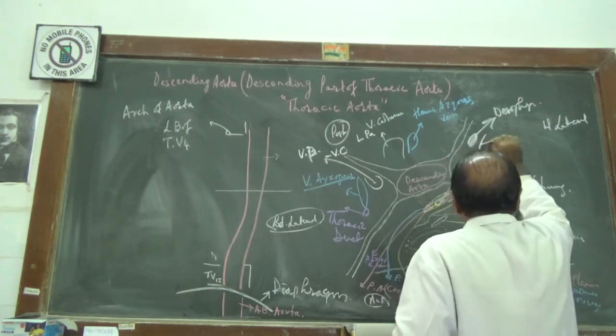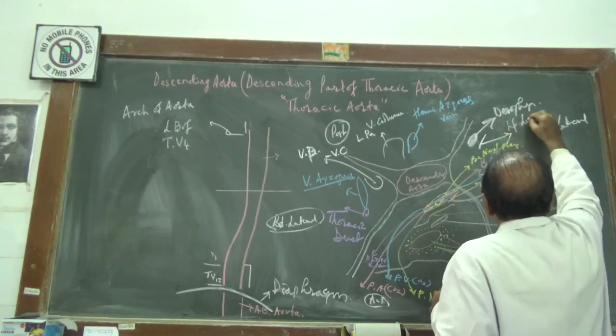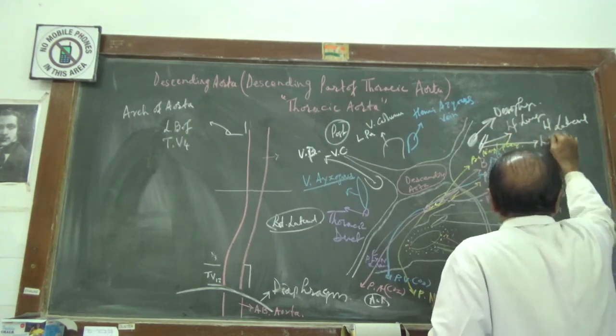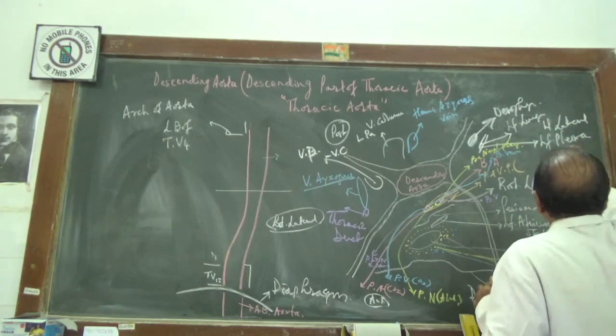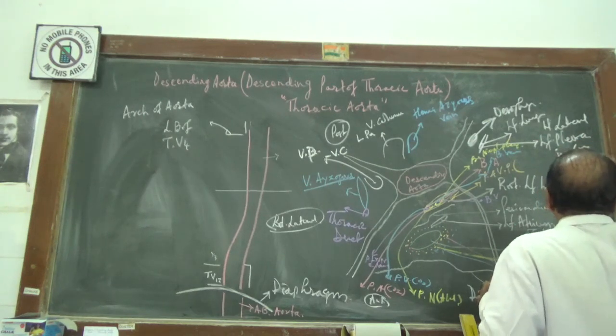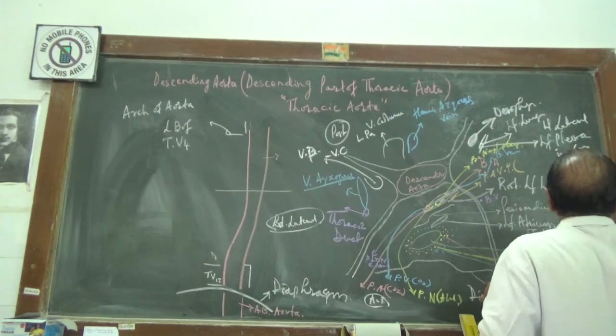Then on the left laterally you will have the left lung and the left pleura that covers the left lung, especially the mediastinal surface of the left lung.